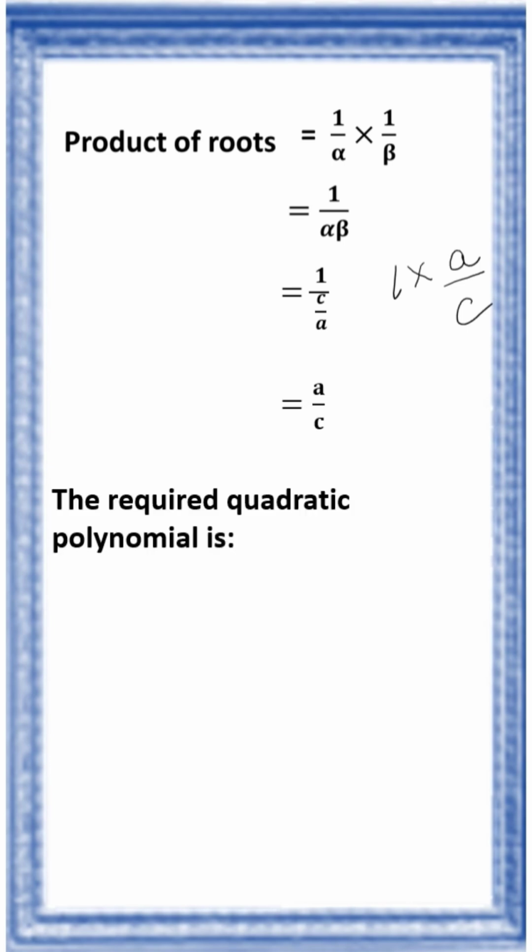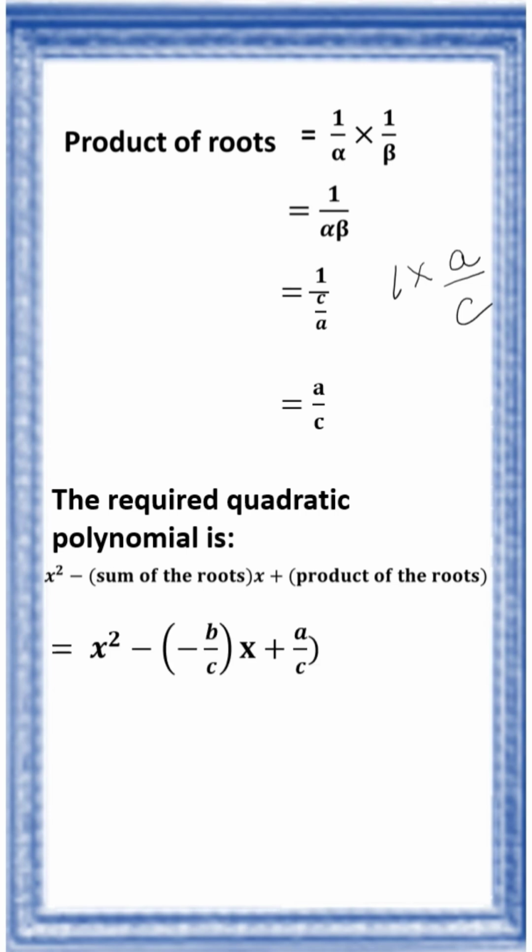Now the required quadratic polynomial is x square minus sum of the roots into x plus product of the roots. Here the sum of the roots is negative of b by c into x plus product of the roots is a by c. That is equal to, here minus into minus, what does it become? Plus.